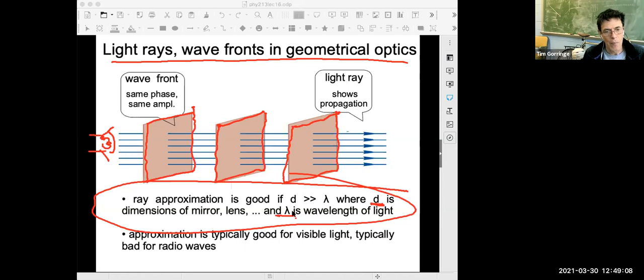So devices like mirrors or lenses that are centimeters or meters in size are not bigger than the wavelength of radio waves. It's smaller than the wavelength of radio waves, and so the ray approximation would collapse. Ray optics would collapse for radio waves. So we're talking about visible light. We're not talking about radio waves here.